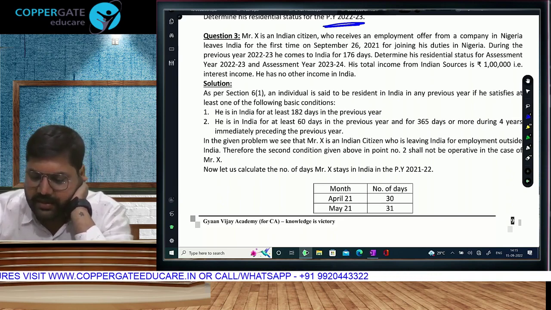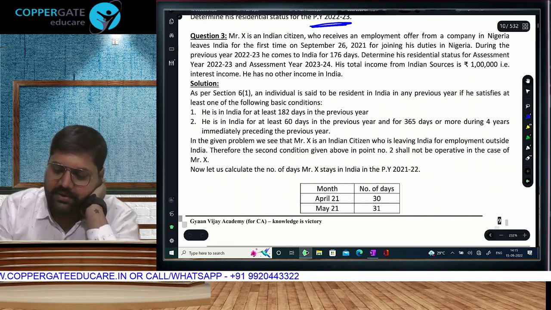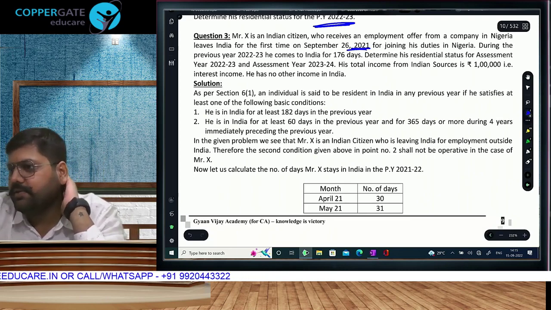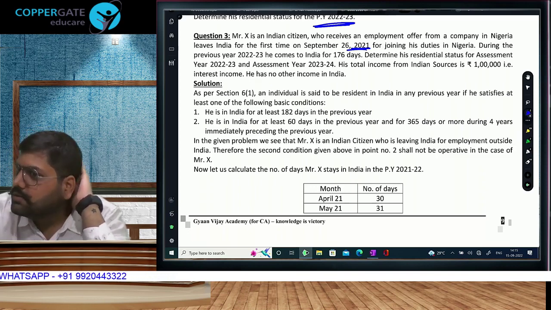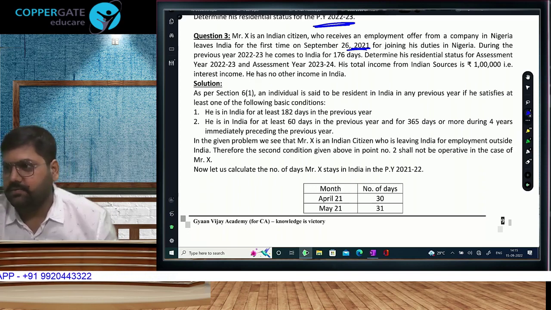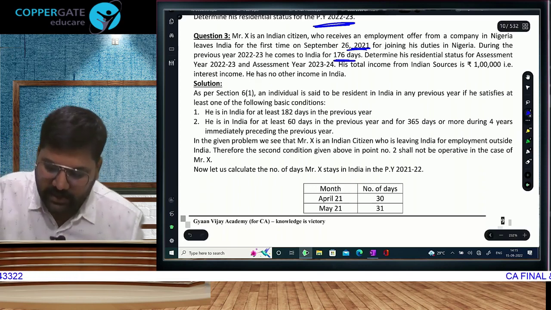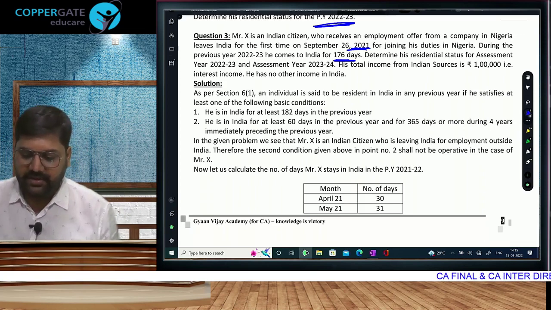So he is an Indian citizen who got an employment offer from a company in Nigeria and leaves India on 26 September. I think पढ़ते पढ़ते you read this as 2011. नहीं, मेरा कान खुला था. ठीक है, it is 21. Okay. I think उसके बाद he has not come in the current year, and see the next year. मतलब 22-23 में he has come for 176 days.